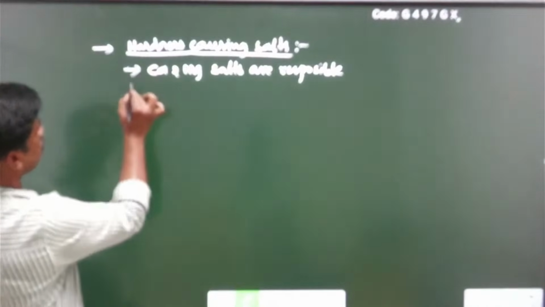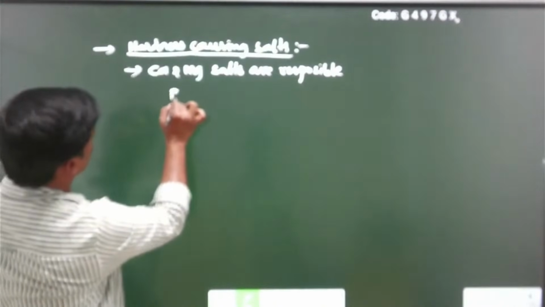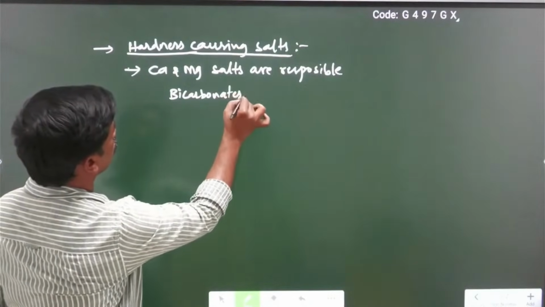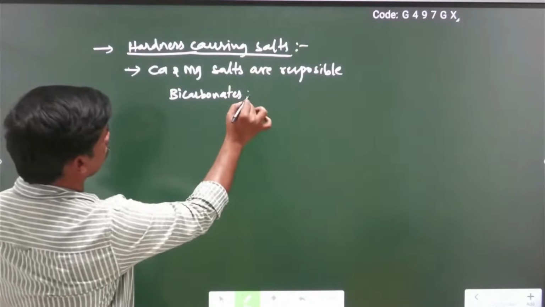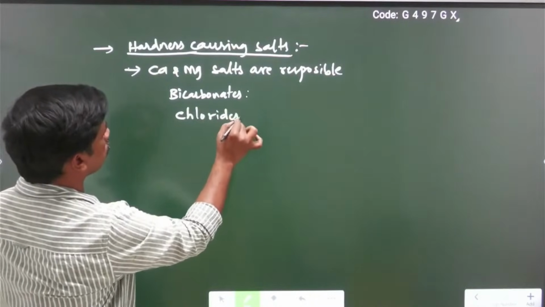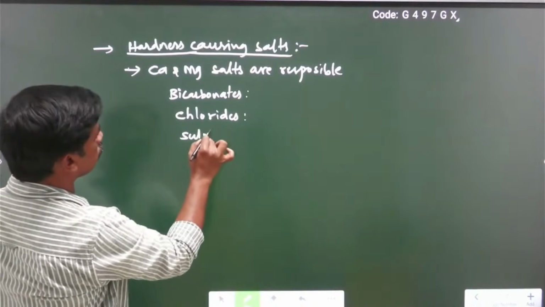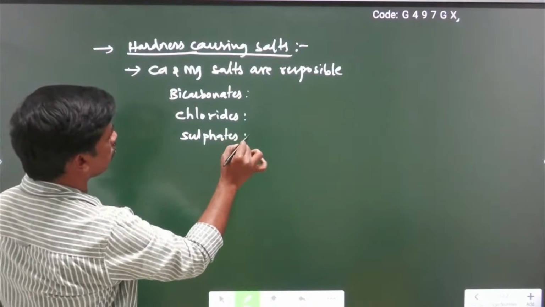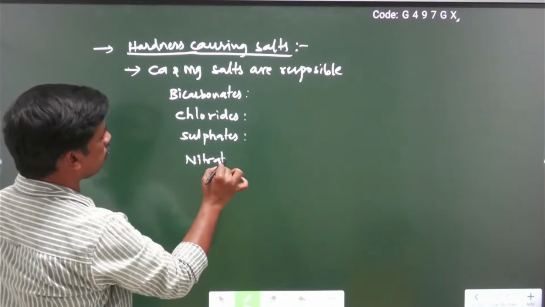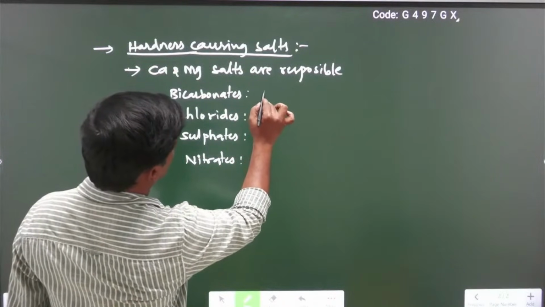Exactly which salts? Bicarbonates of calcium and magnesium. Next, chlorides of calcium and magnesium. Sulfates of calcium and magnesium. Nitrates of calcium and magnesium.